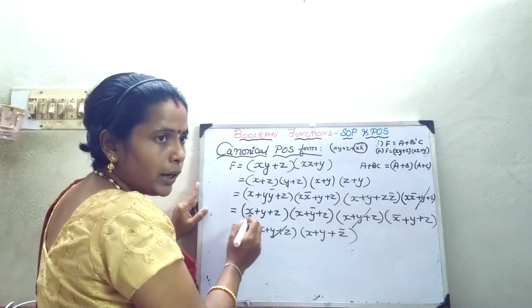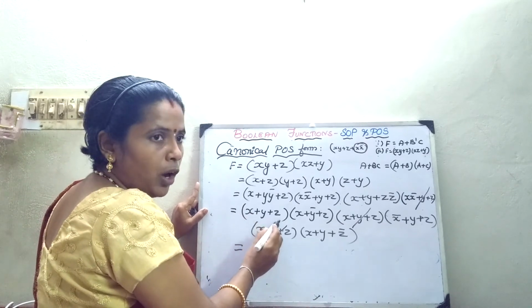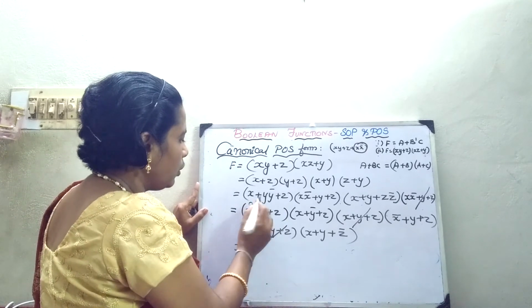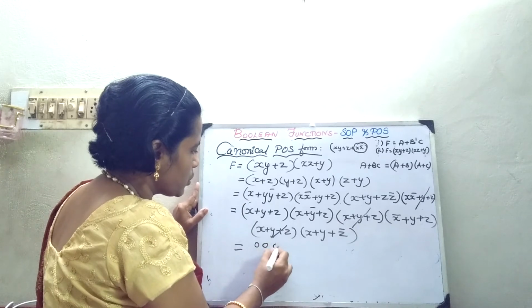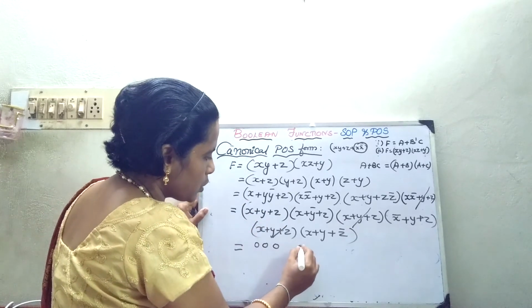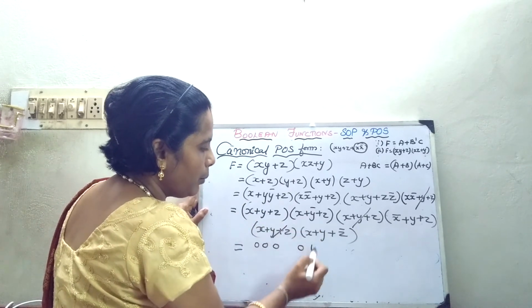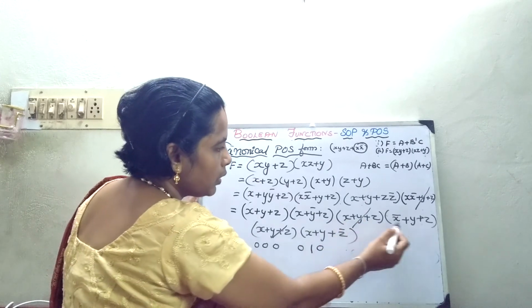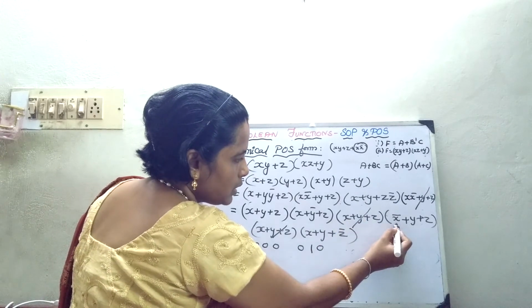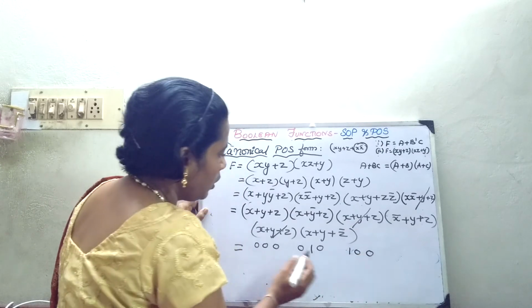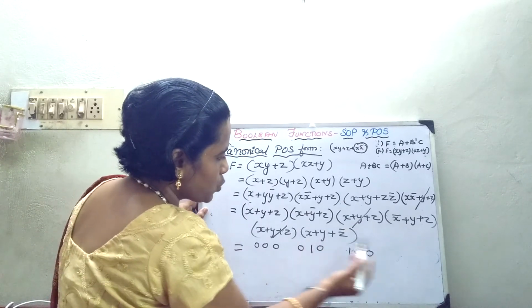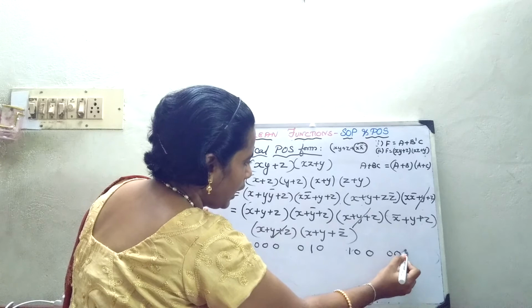What I told you, if it is in the normal form, it is 0. So I am just writing it here, 0 0 0, then 0 0 1, because wherever complemented it is going to be 1. Then for this it is 1 0 0, and for this x plus y, so 0 0 and 1.